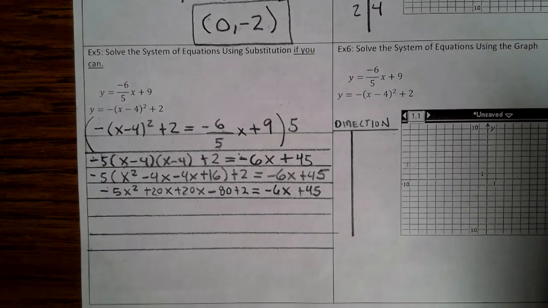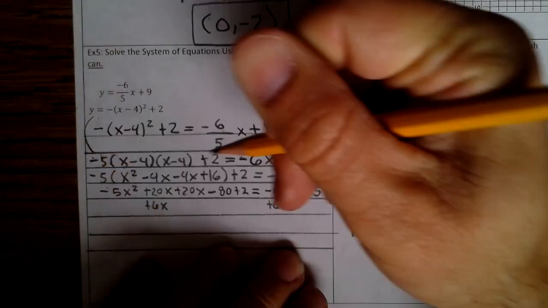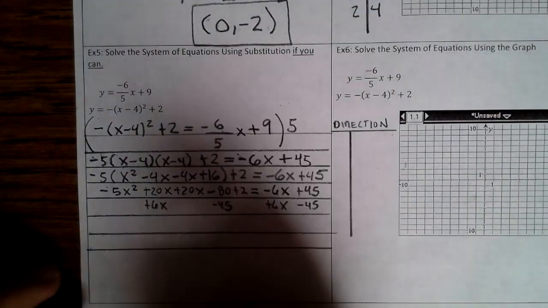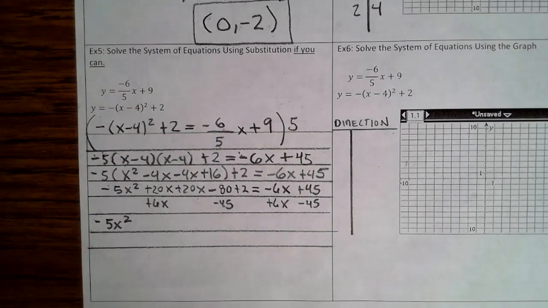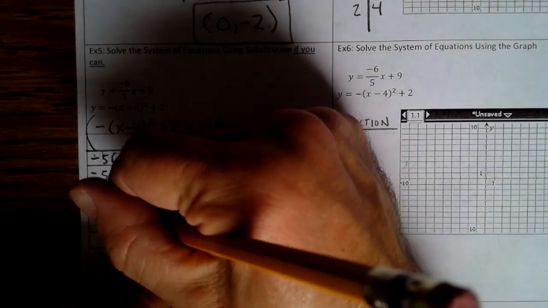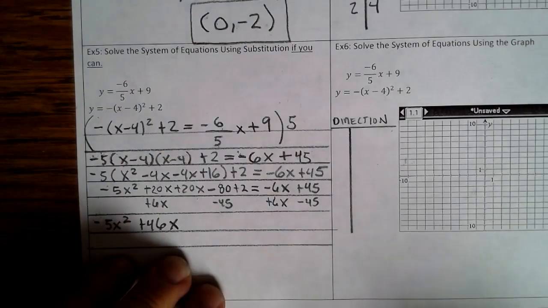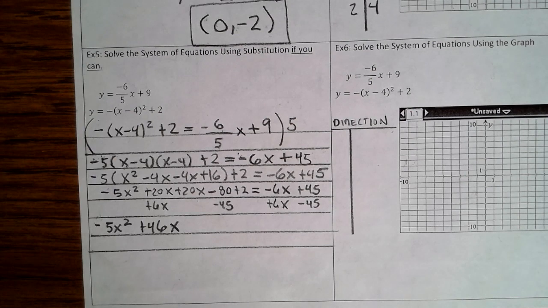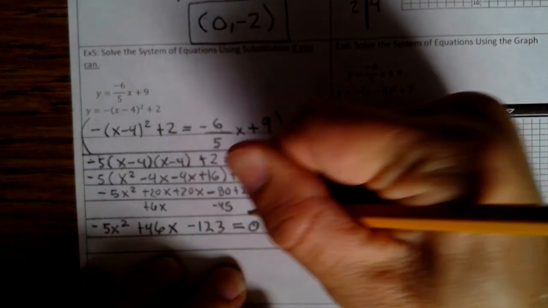Now we're going to add 6x to both sides. Notice I'm adding it to the x's, and I'm going to subtract 45 from both sides. So then I have negative 5x squared, and then 20 plus 6 is 46x, and then negative 80 plus 2 minus 45 is negative 123 equals 0.